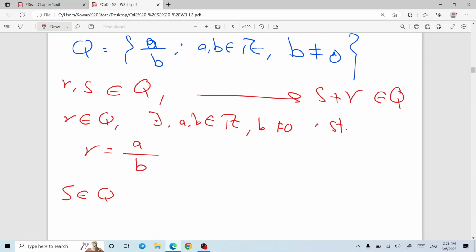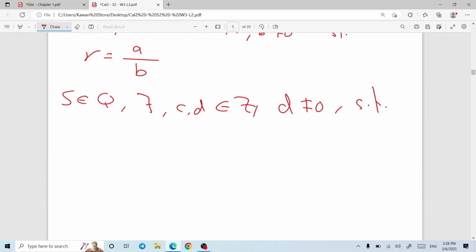Also S belongs to Q. So there exist C and D in the integers, D not equal to 0, such that S is equal to C over D. Do you have any comment? You can also say C over B. Yes, you can say anything that you like, but generally we should write it this way, okay?